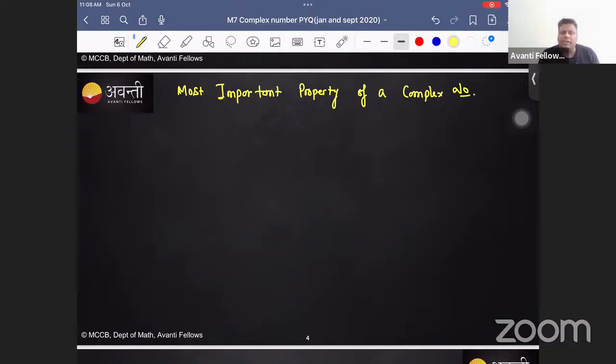Number one is, if z is x plus iota y, then z conjugate is x minus iota y. This is very simple and we all are aware of this fact. Got it? So if z is x plus iota y, then z conjugate is x minus iota y.